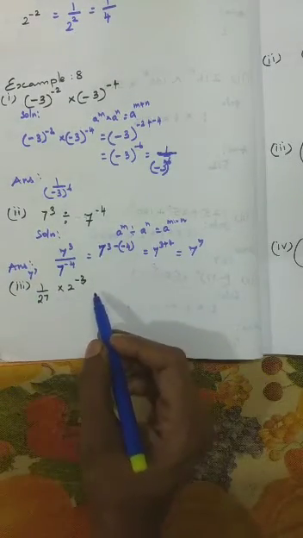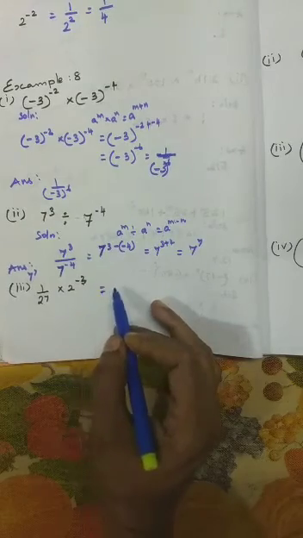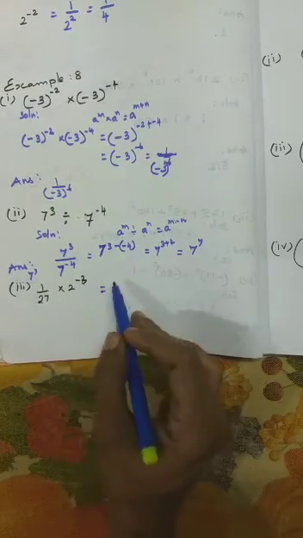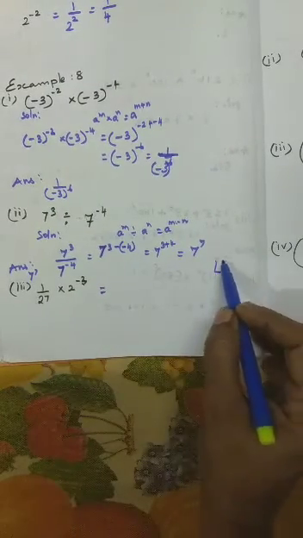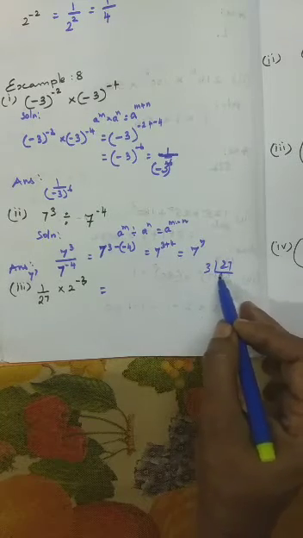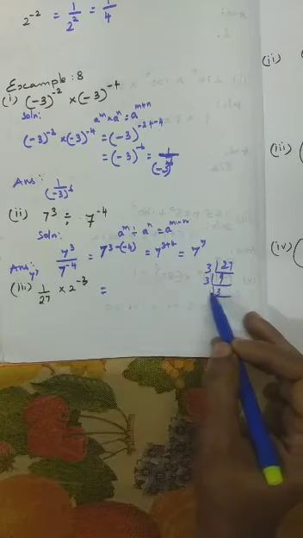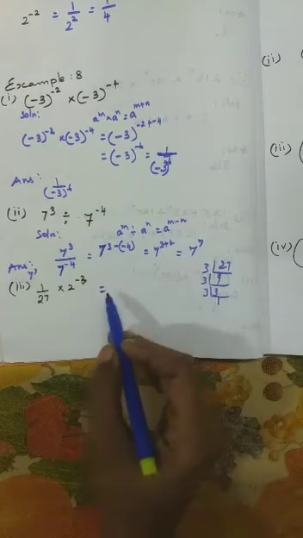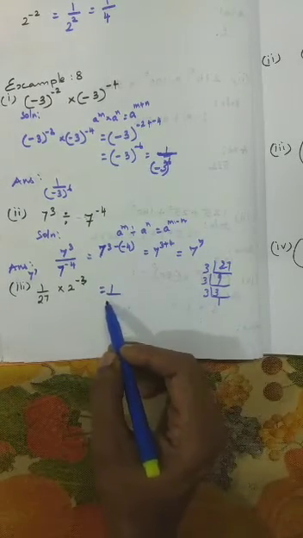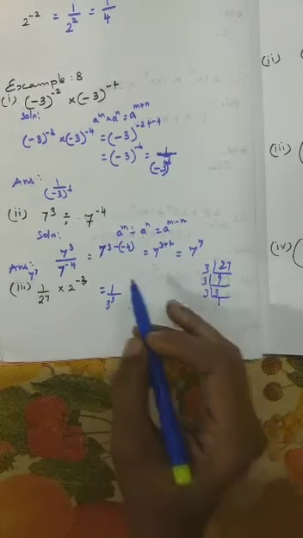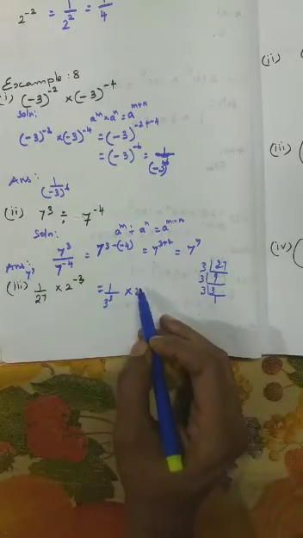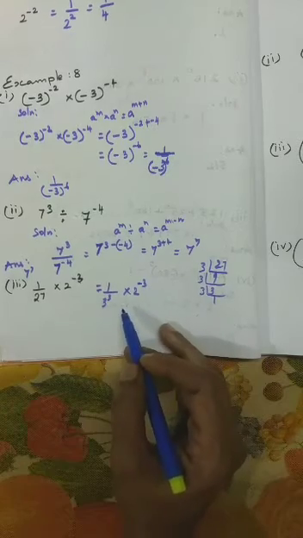And the third sum. Here 1 by 27. You can write 27 as, 3 table, 9 3s are 27. Again 3 table, 3 3s are 9, 3 1s. So we can write this as 3 cube into 2 power minus 3.